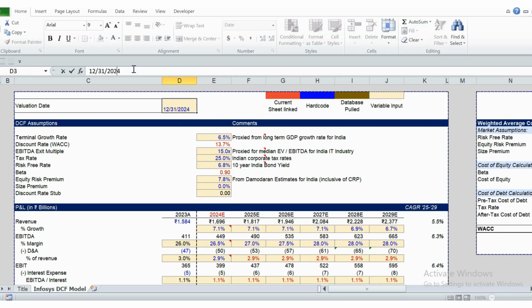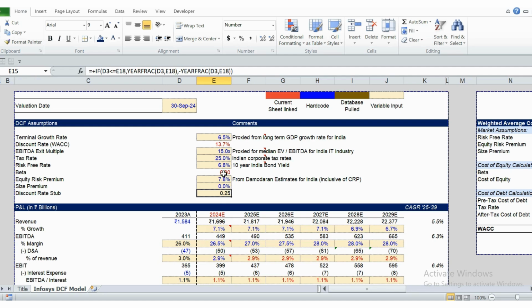So if instead of December 2024 I put 30th September, let's say the deal closes on 30th September, then this discount rate stub adjusts to 0.25. What it means is that from the 2024 year, I would be interested in 25% of the cash flow, because I still have 25% of the year remaining. So that would be included as a part of my valuation.